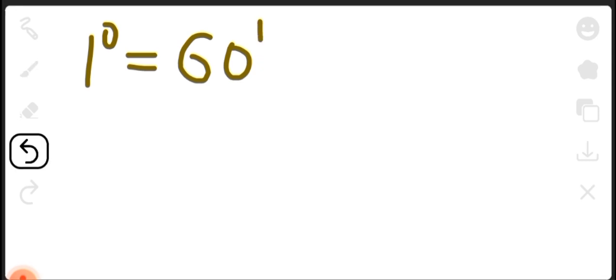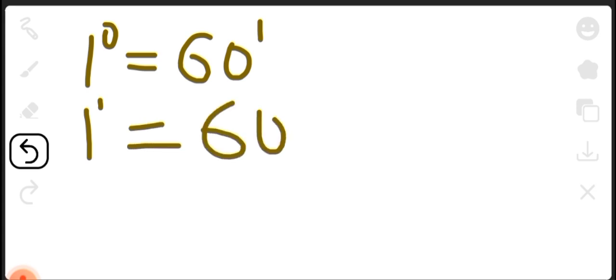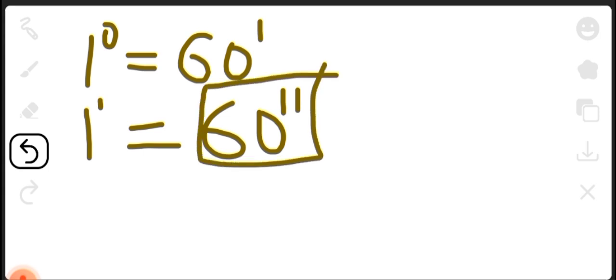And 1 minute is equal to 60 seconds. We already know that from time: 60 seconds make 1 minute. So we write it this way. This is called 60 seconds, and this is called a minute when we are doing angles or surveying.